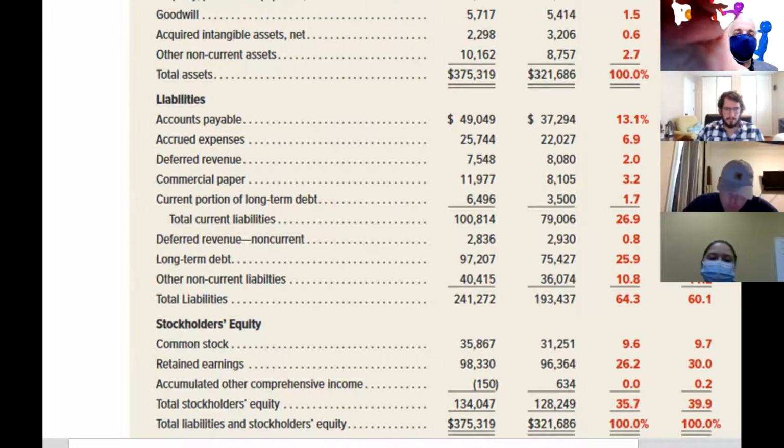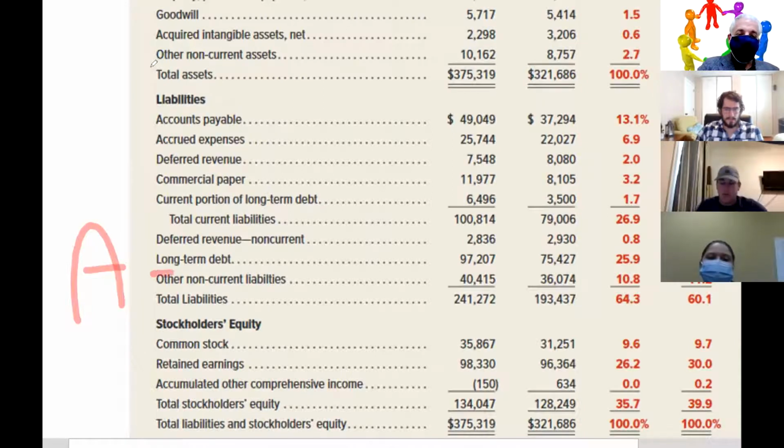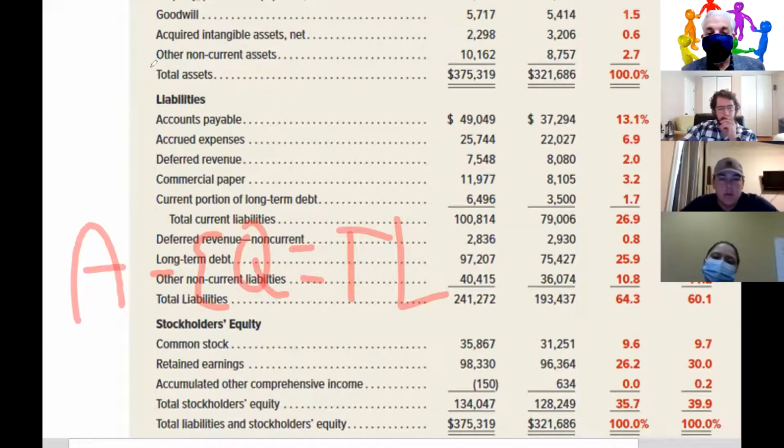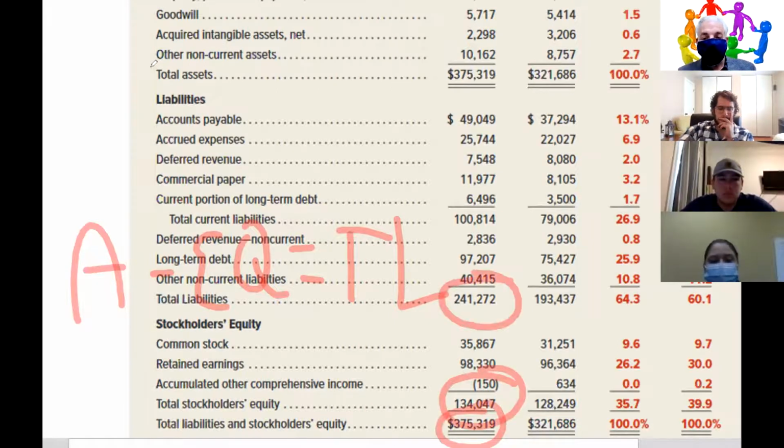So you might have to manually go in and say, oh, I need to take my assets minus my equity to get my total liabilities. But here you don't have to, it gives it to you. But if I took my 375 minus my 134, I'm going to get to 241. Them's the rules. We're in balance. Our balance sheet stays in balance. So if you don't have that liabilities number on your balance sheet, don't worry about it. You can calculate it.